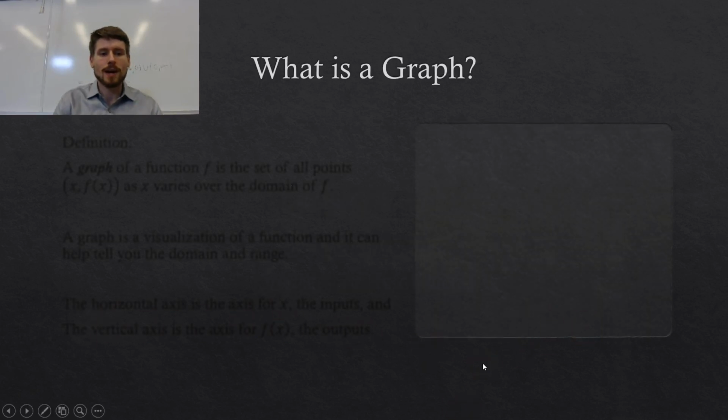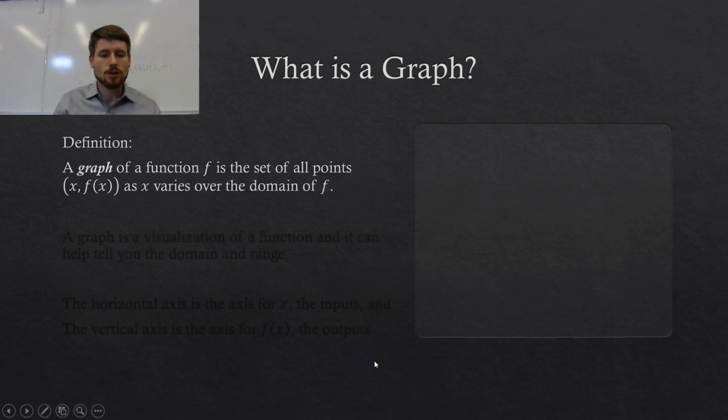Okay, first, what is a graph? That's what we're going to be talking about today. So the definition for what a graph is: it's all the points where your first number is your input, x, and your other coordinate is the output, f of x.